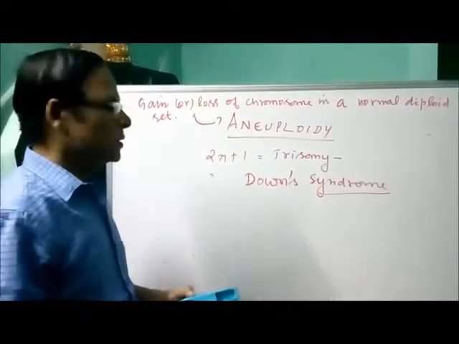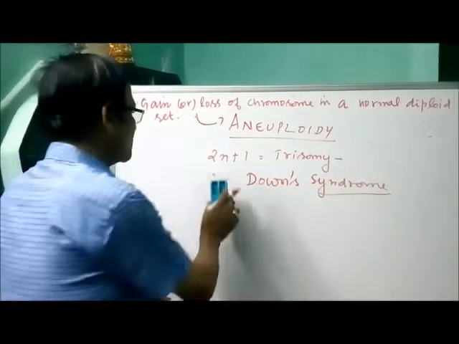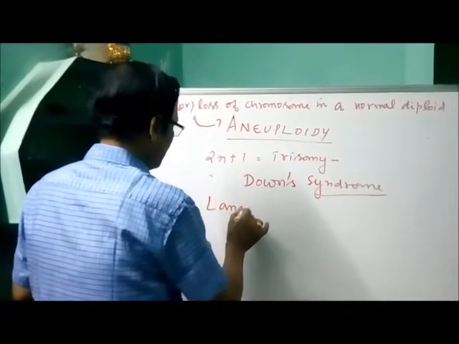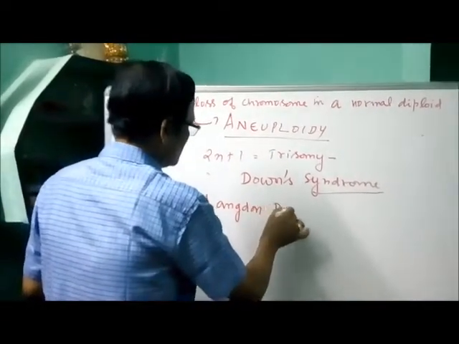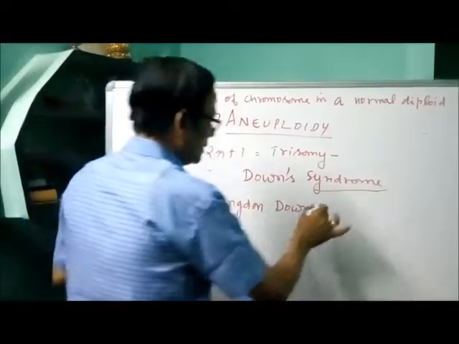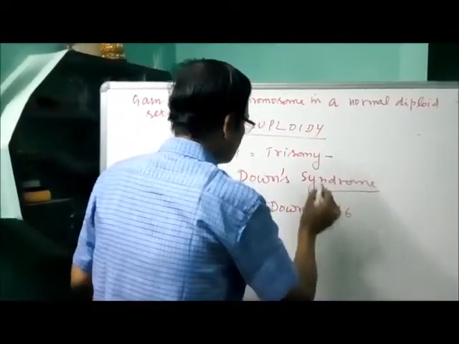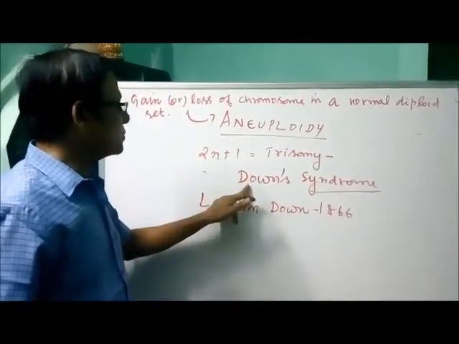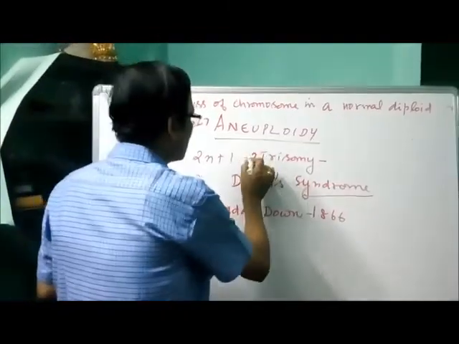This Down syndrome was first reported by Langdon Down, hence the name Down syndrome, in 1866. He only observed the syndrome. So Down syndrome is an example for 21 trisomy.